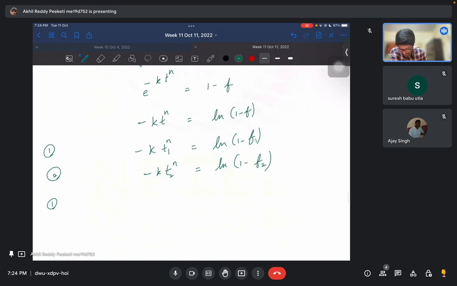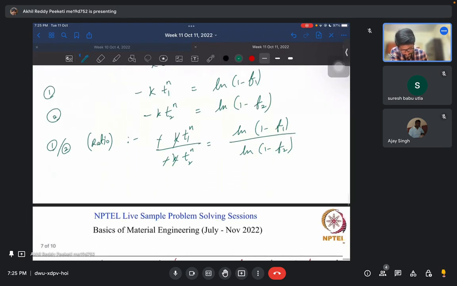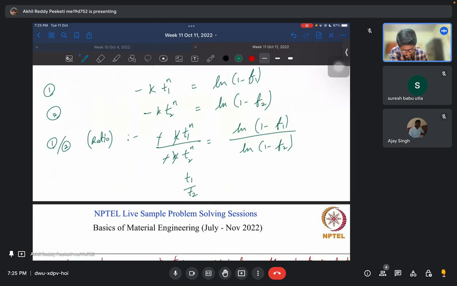Now if you take the ratio of 1 and 2, minus k t1 power n by minus k t2 power n is equal to ln of 1 minus f1 by ln of 1 minus f2. So this k gets cancelled. So we will get t1 by t2 whole power n is equal to ln of 1 minus f1 by ln of 1 minus f2.